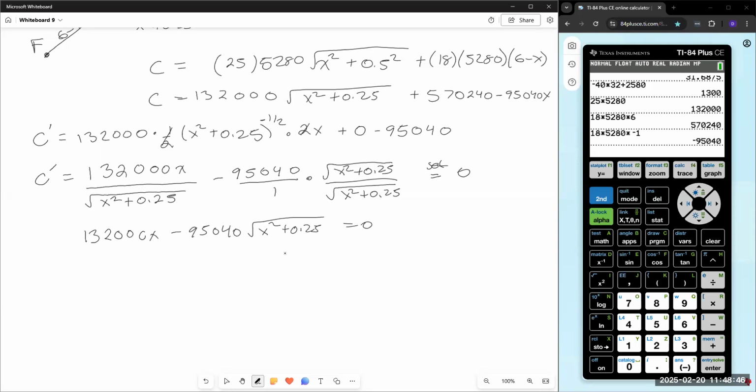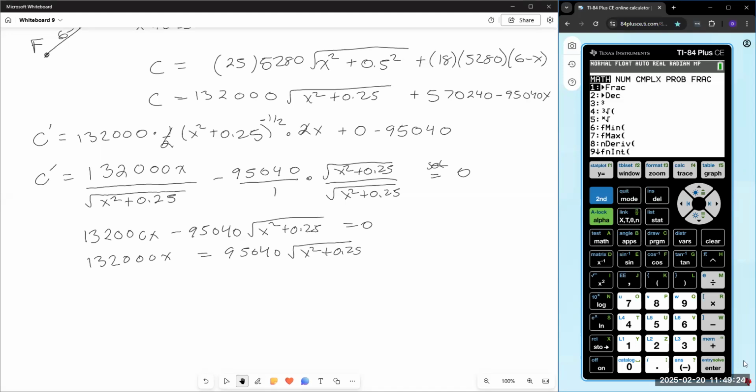So let's take 132,000x and move that to the other side: 95040 square root of x squared plus 1/4. And then let's go ahead and divide 132,000 by 95040 just to make my numbers smaller and easier to deal with.